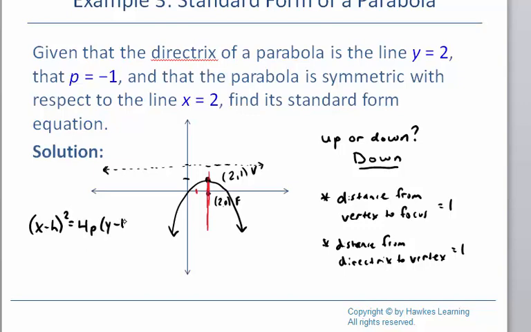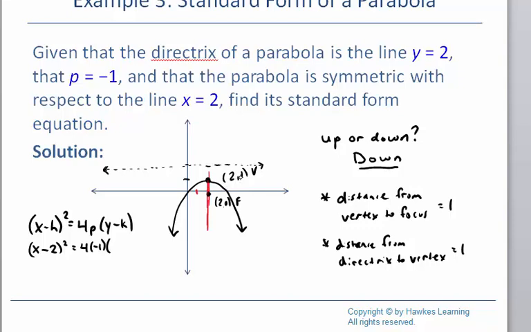And we're now going to plug our values in. Remember that the h and the k are your vertex, and they hold an opposite relationship. So if the x value in my vertex is 2, then I'm going to be putting in a minus 2 into that formula. So I've got x minus 2 squared. I know that my p-value is -1.